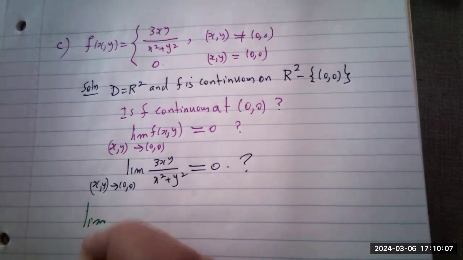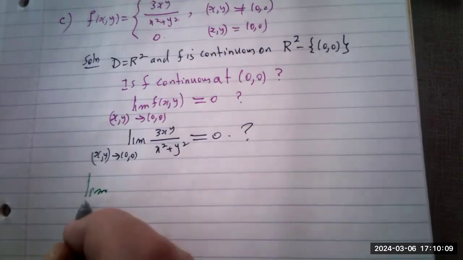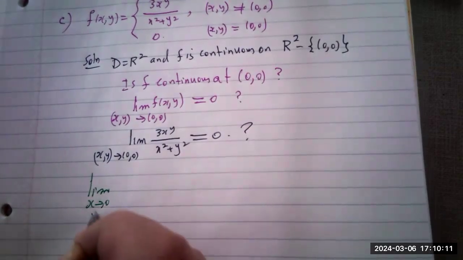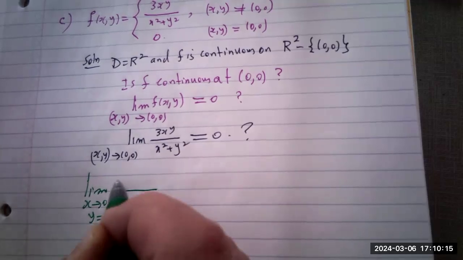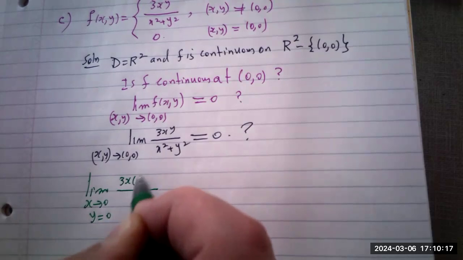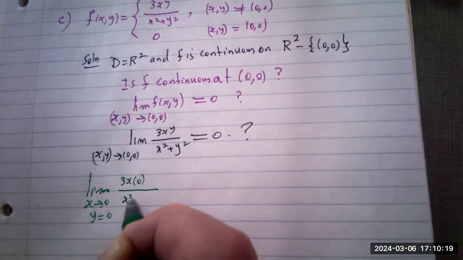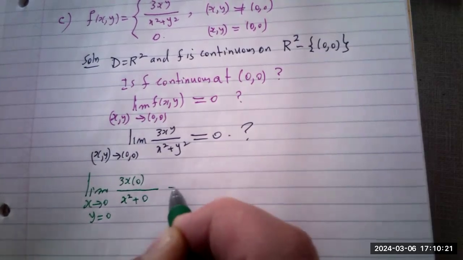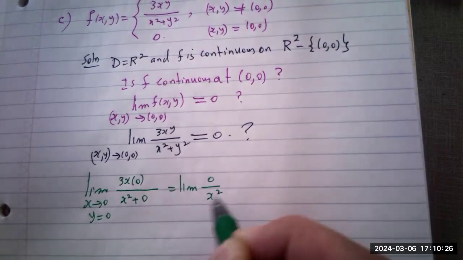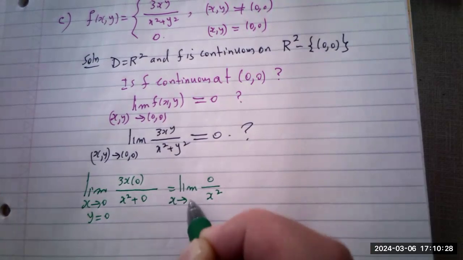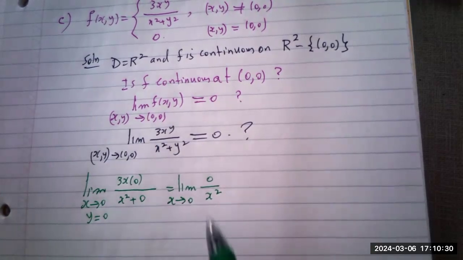The limit of, okay, x goes to 0, but y is 0. So if you substitute, that gives you 3x times 0 over x squared plus 0. So the top would be 0, and 0 over x squared when x goes to 0, x is not equal to 0.